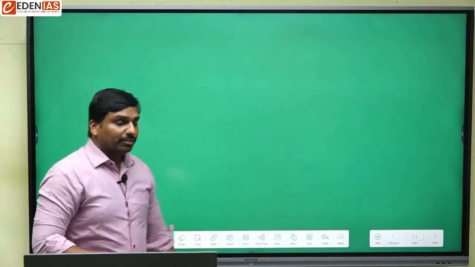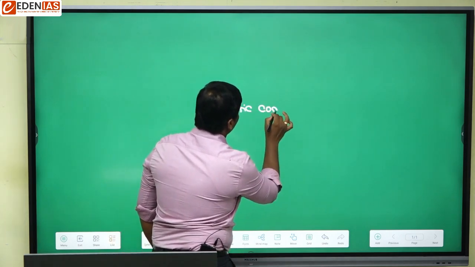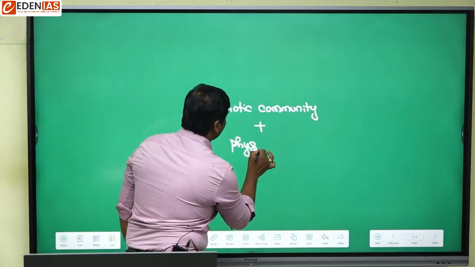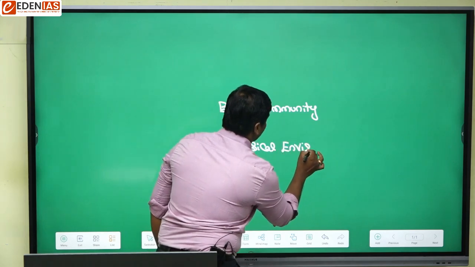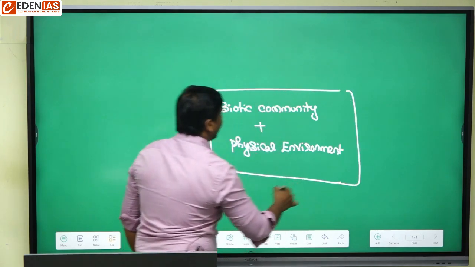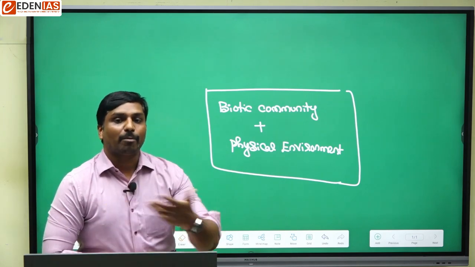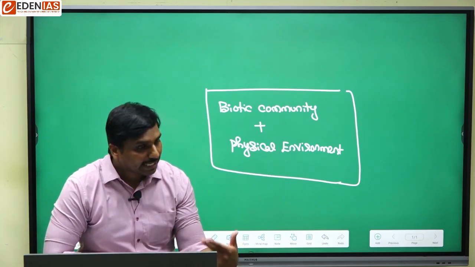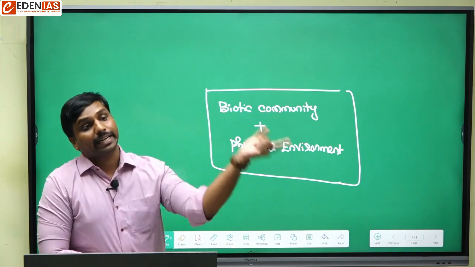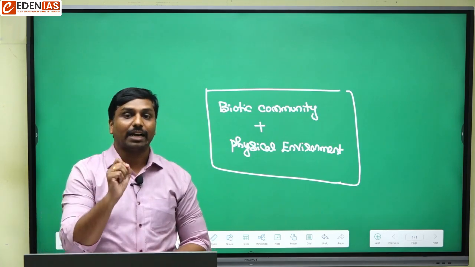And when this biotic community is integrated with the physical environment of that particular place, together we call that an ecosystem. So the biotic community is made up of various populations belonging to different species, and there we can expect different interactions or relationships between those organisms. When this biotic community is integrated with the physical environment, that refers to an ecosystem. That is another way we can define ecosystem.